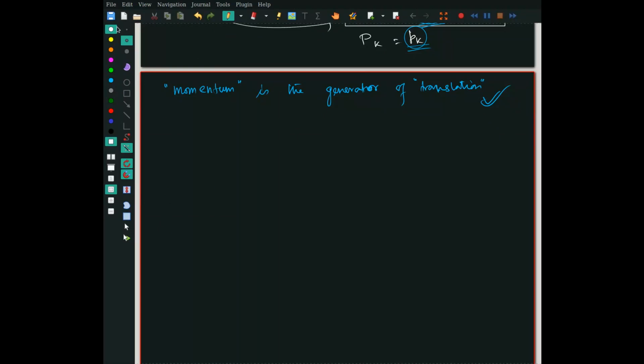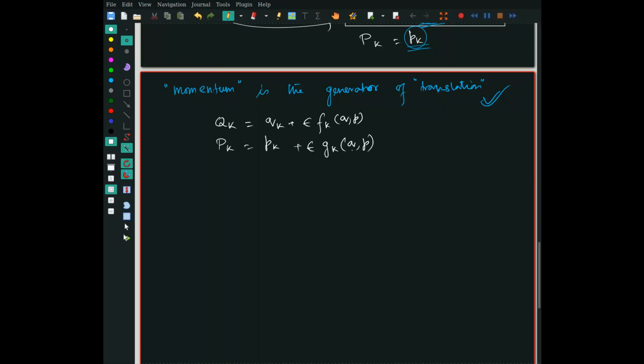The way I expressed those transformations, let me do it again: Qk equals qk plus epsilon fk(q,p), and Pk equals small pk plus epsilon gk(q,p).